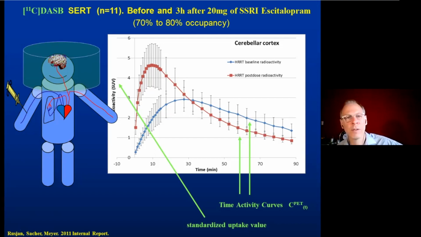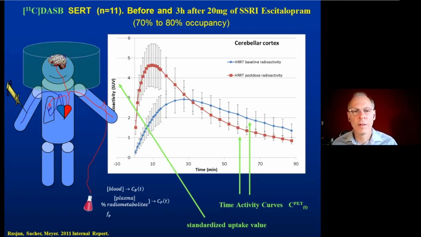When we block the serotonin transporter, we block it in the brain, but also in the lungs. So the radioligand does not get delayed in the lungs and goes quicker to the organs. So these time activity curves actually are very different, but are quantifying exactly the same amount of serotonin transporter, which is 0.